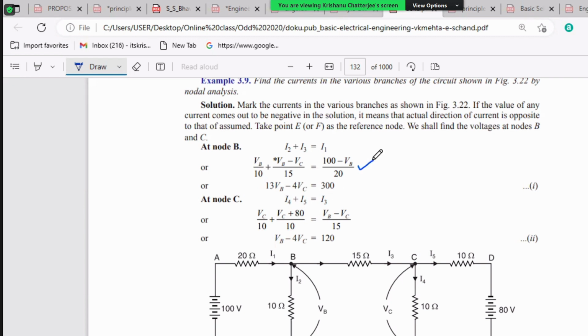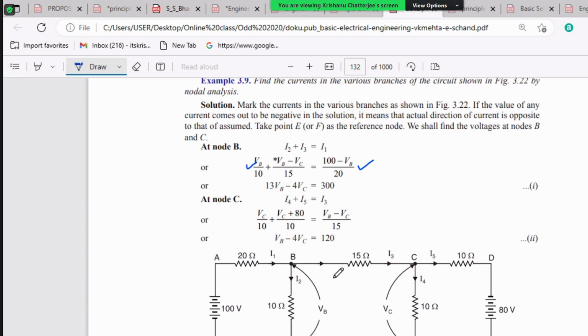Okay, what is I2? VB by 10 is I2. What is I3? VB minus VC by 15 is I3, right?